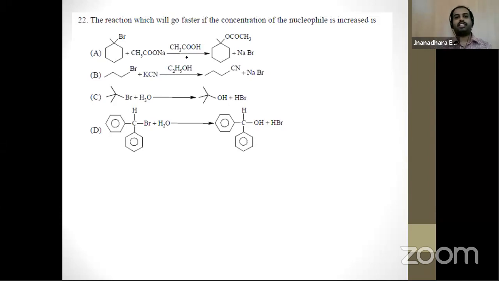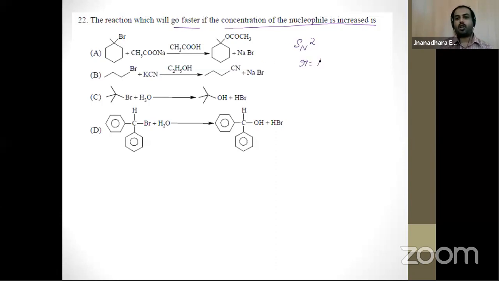The question is, the reaction will go faster if the concentration of the nucleophile is increased. Now we have two options, SN1 and SN2. In which mechanism does the reaction rate depend on the concentration of the nucleophile? It is the SN2 mechanism.